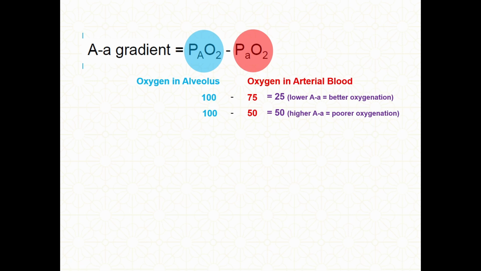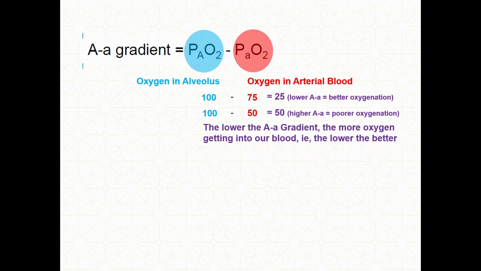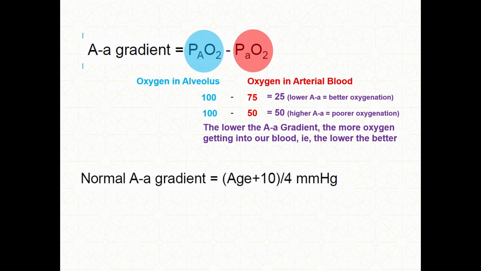If the AA gradient is high, that's meaning that there's a big difference between the oxygen that was available and the oxygen that actually made it into our blood. And when we see that happening, we're saying, okay, well, there's some kind of issue with the oxygen getting from the alveolus into the arterial blood.